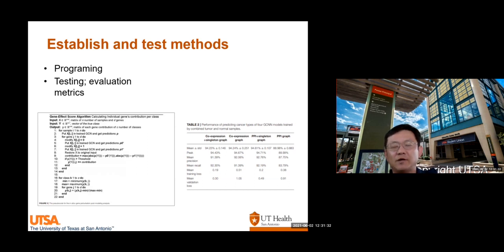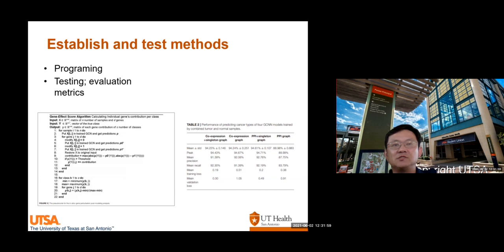After you program, we need to test the method on the data sets that we collected, and evaluate the performance. Evaluation of performance concerns evaluation metrics, which can be, in this case, accuracy, precision, recall, ROC curve, area under the curve, and so on and so forth.